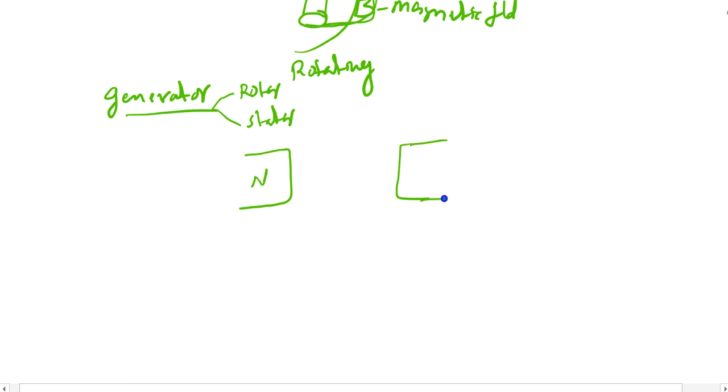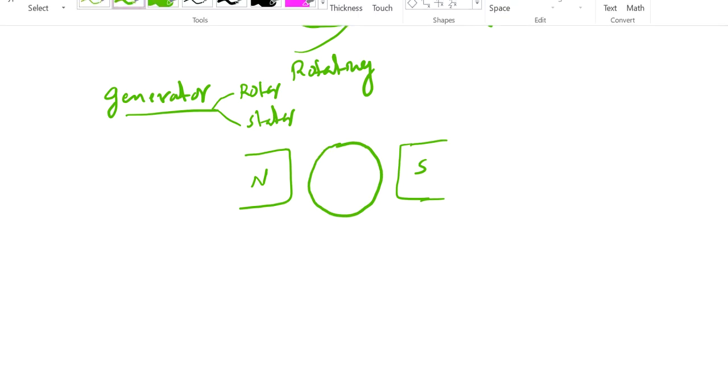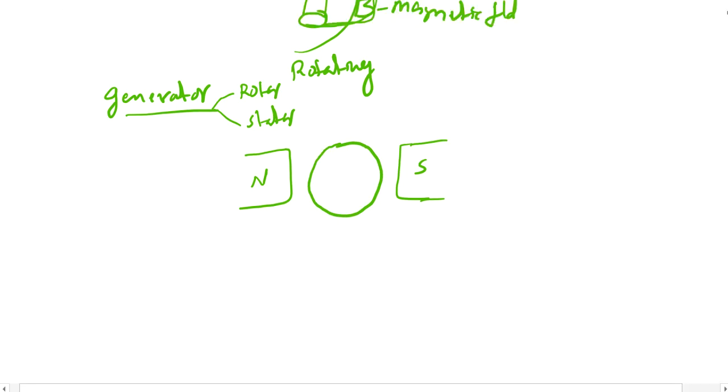On the rotor part, you try to place the conductors. You can place a conductor somewhere here, so this is the conductor.